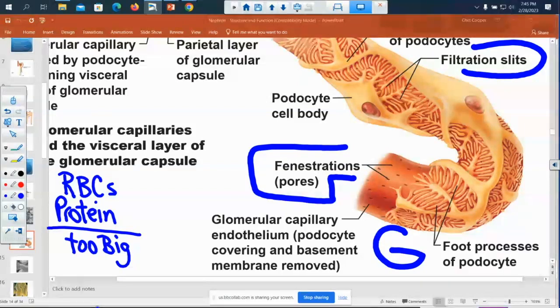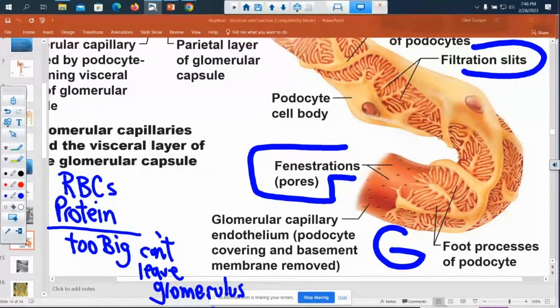They are too big and they can't leave the glomerulus. That means they can't squeeze through the pore. They're too big. So they stay in the blood. But the stuff that's small, like sugar and salt and water, man, it just gets filtered right out. It gets filtered right out and trapped by Bowman's capsule.